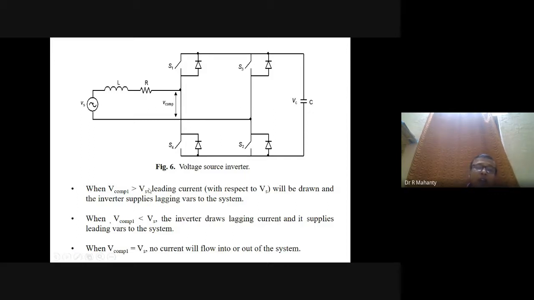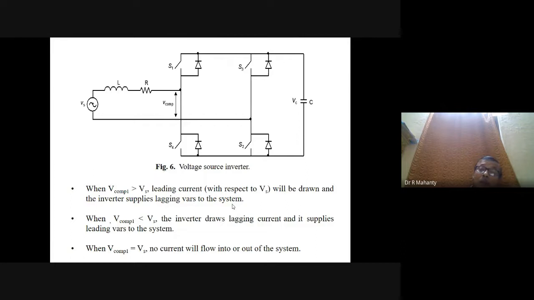V compensation 1 is the fundamental component of V compensation, which has been generated here by controlling the switches S1 to S4. When V compensation 1 is greater than Vs, leading current with respect to the supply voltage Vs will be drawn, and the inverter supplies lagging VARs to the system. That means it will behave like a capacitor.